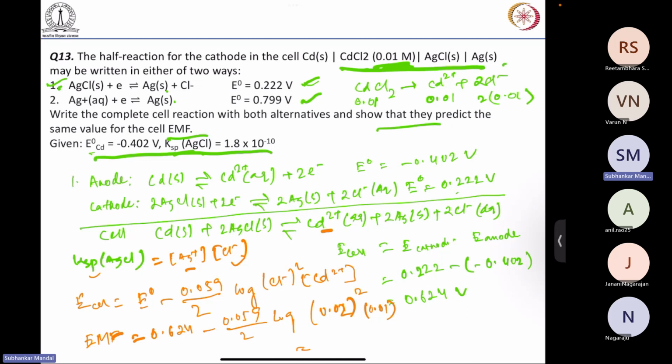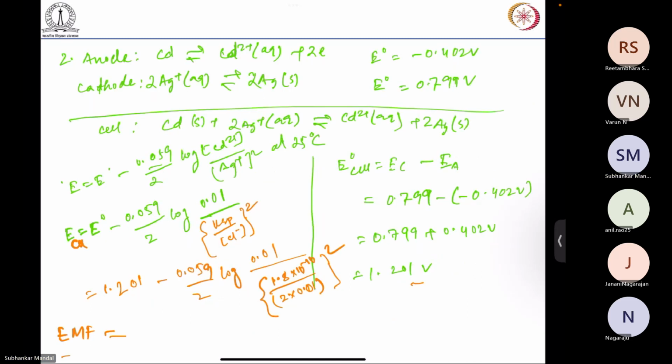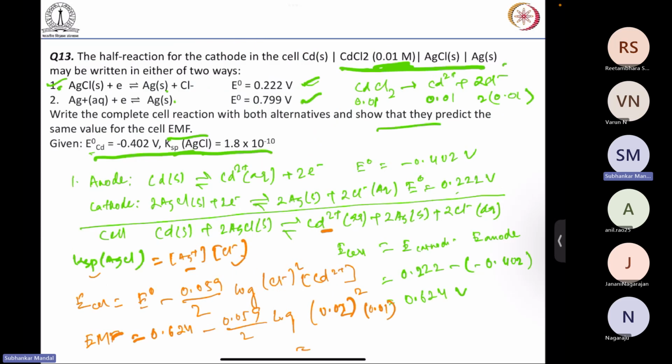So now we have to compare this one and this one. If people can, one by one, you can calculate how much it is coming. Can anyone calculate?